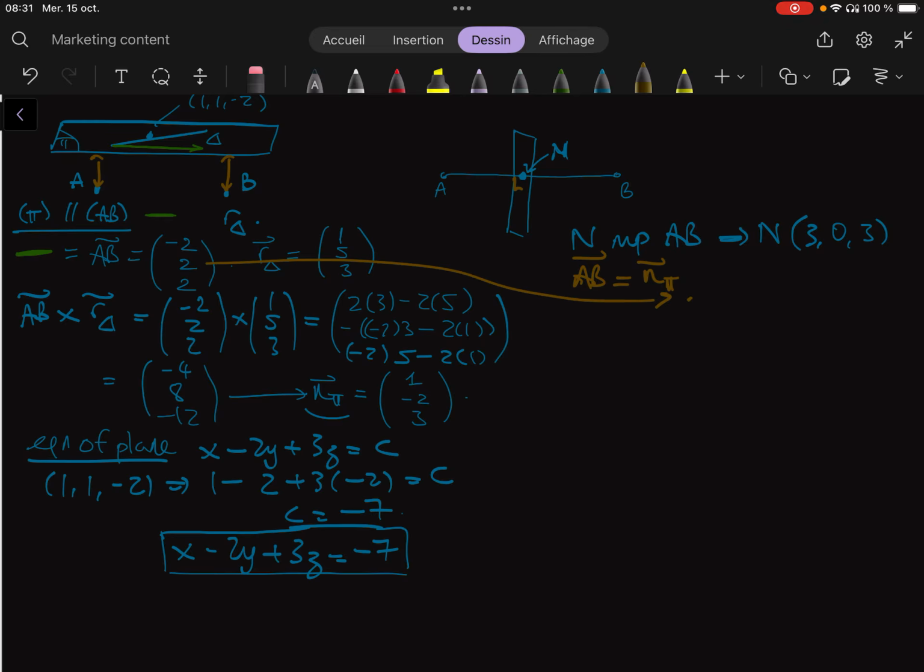And we can take the normal to be (-1, 1, 1). Therefore, minus x plus y plus z is equal to c. You know the point, you plug it in, and you should get this as your final answer.